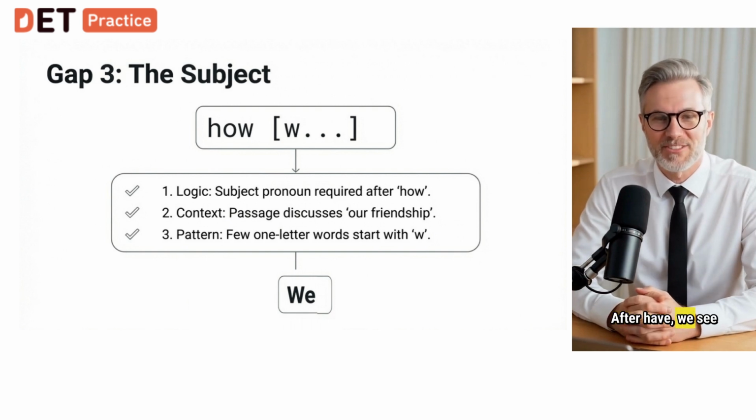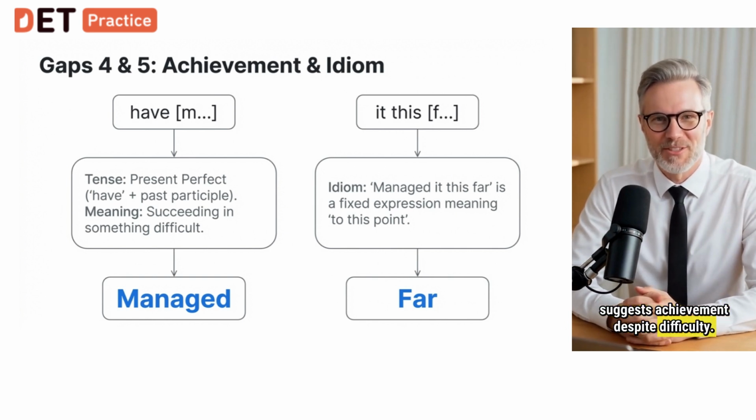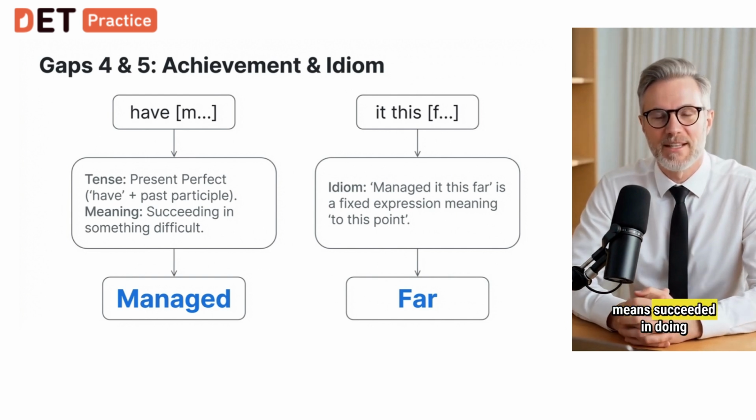After have, we see an incomplete word starting with M, and the pattern suggests managed. This is present perfect tense, which requires have plus a past participle. When we read how we have something it this far, the context suggests achievement despite difficulty. The vocabulary word managed means succeeded in doing something difficult, and managed it this far is a very natural expression.